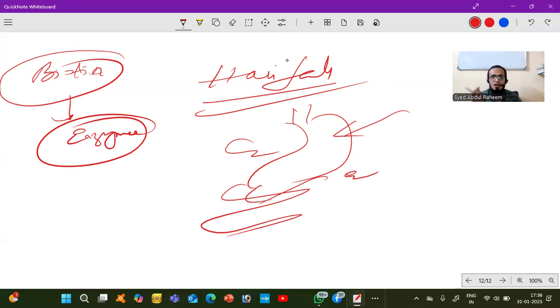So why is biotin provided for hair fall? Basically, nutritional deficiency is happening in the body, and that's the reason there is hair fall. So it works as an enzyme. When a deficiency occurs, what will happen?